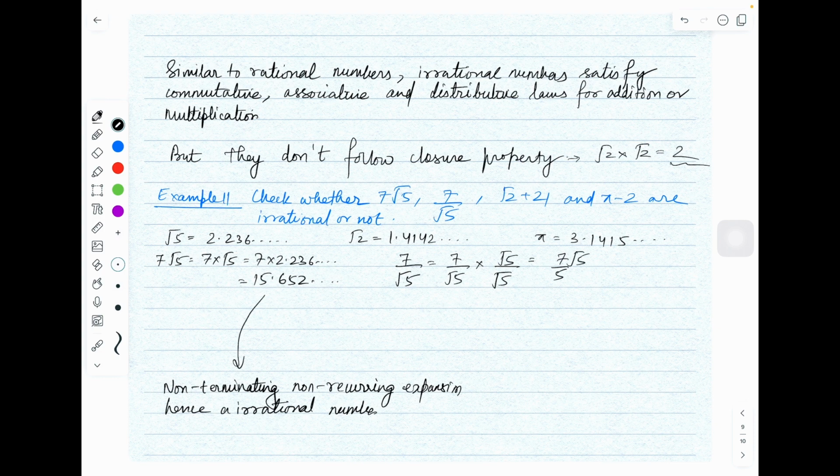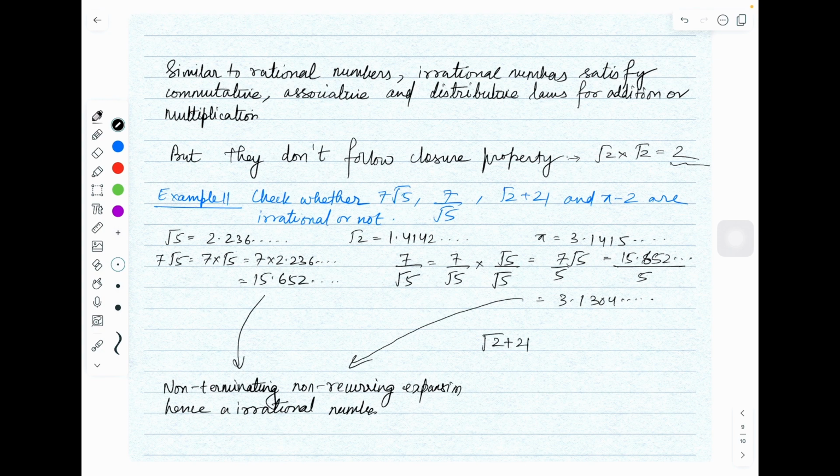We have found the value of 7 root 5 here, 15.652 and so on, by 5. That comes approximately 3.1304. So this is also an irrational number because 15.652 is non-terminating in nature. If you divide that, it is also non-terminating, non-recurring. So it is an irrational number. Similarly, what is given, root 2.